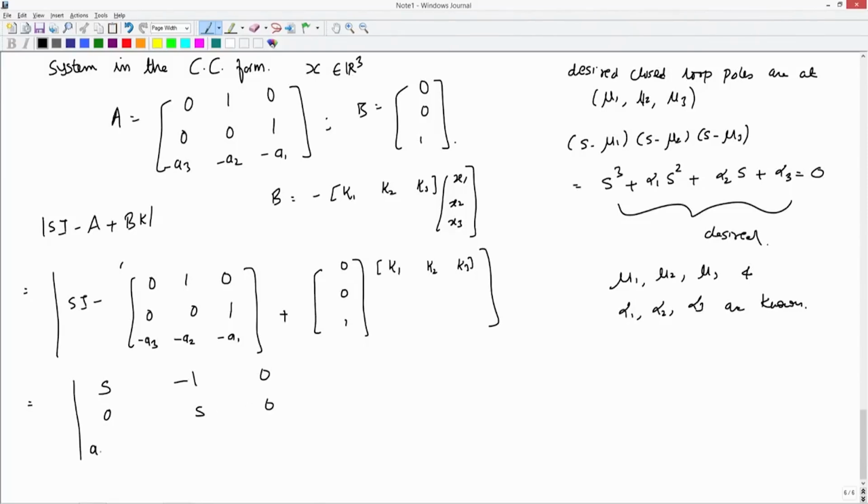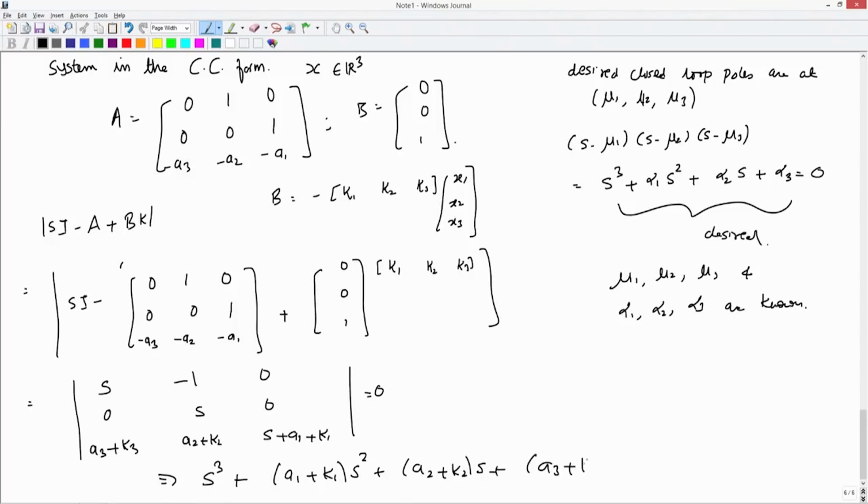Here I will have A3 plus K3, A2 plus K2, and s plus A1 plus K1, the determinant equal to 0. In other words, the characteristic equation now is s cube plus (A1 plus K1) s square plus (A2 plus K2) times s plus (A3 plus K3) is 0.